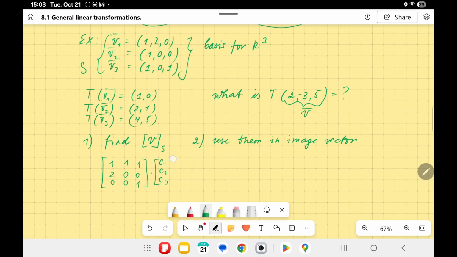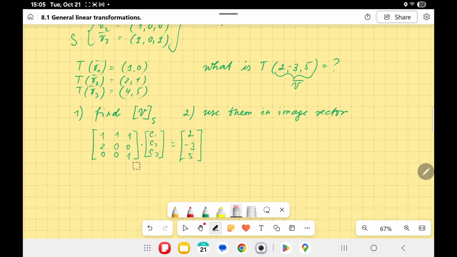These are going to be the coordinates. And eventually we're supposed to get the vector (2, -3, 5), right? Okay, let's start solving it.